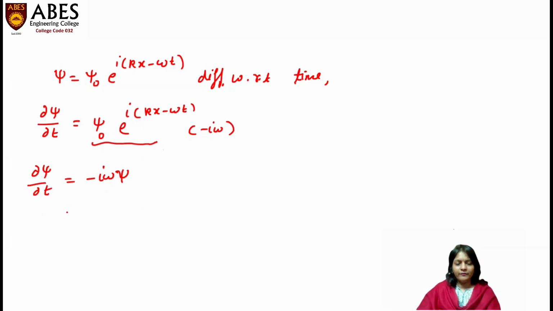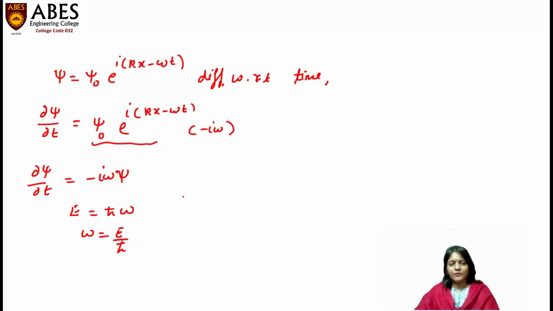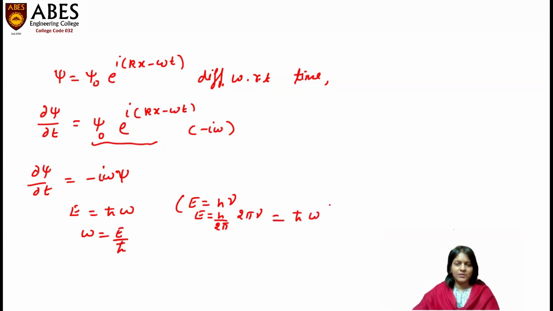We know that if a particle has the energy E, then E can be written as E is equal to h cut omega, and omega as E by h cut, because we know that E is equal to h nu, and dividing and multiplying by 2 pi in this equation, h upon 2 pi is h cut, so it becomes h cut omega.